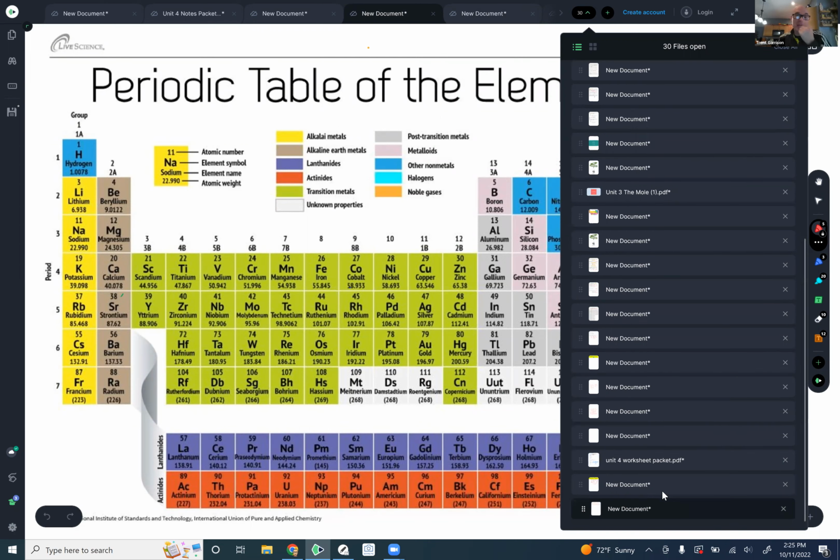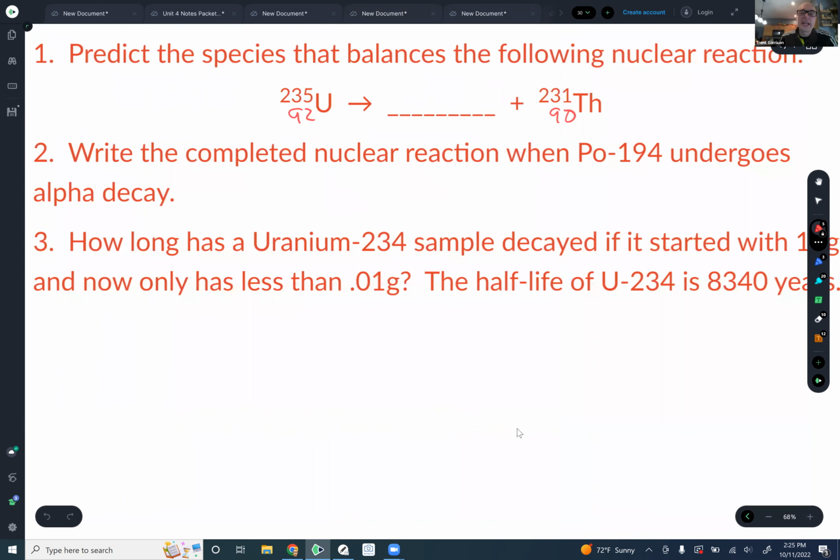What I've got to do next is figure out what is missing over here. On the left side, I have 92. On the right side, I have 90. So that means I'm missing 2. On the top, I've got 235 and I've got 231. So that means I'm missing a 4, because 4 plus 231 gives me 235. 90 plus 2 gives me 92.